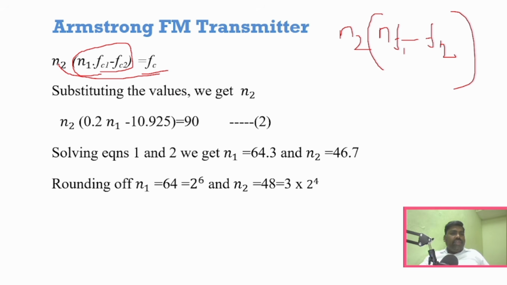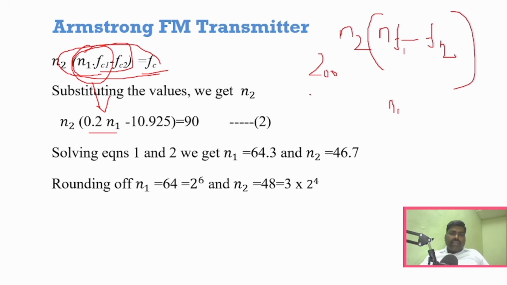Now if we substitute these values, what is N2? N2 we don't know, and what is N1? We can obtain this one from this particular expression, that is N1 into F1. We are substituting this particular value, N1 into F1. What is F1? FC1 is 200 kilohertz, correct?